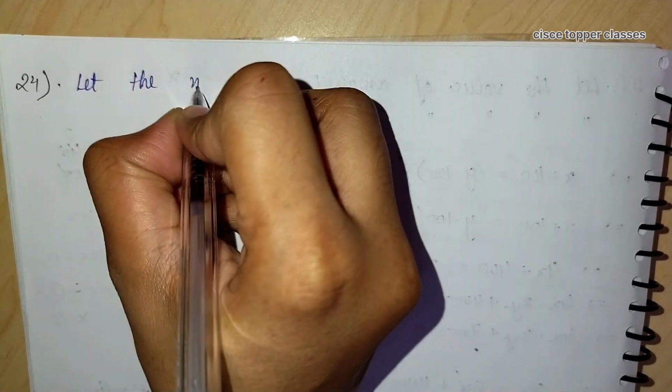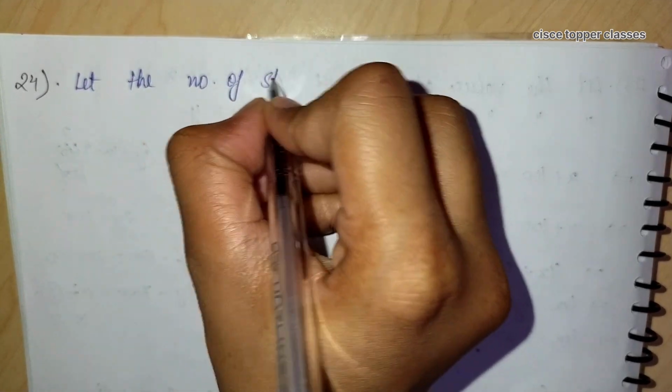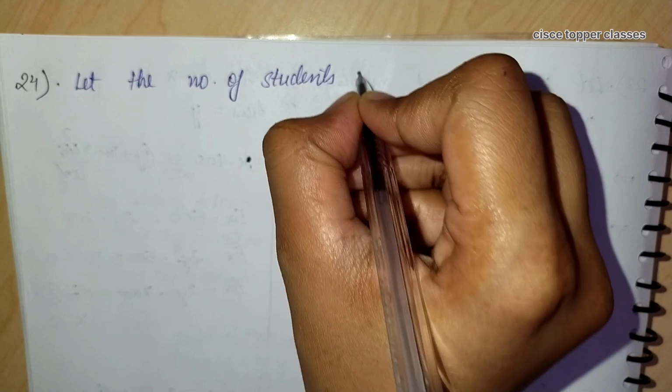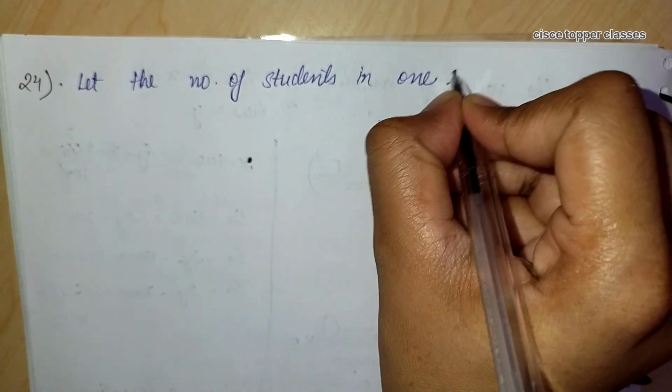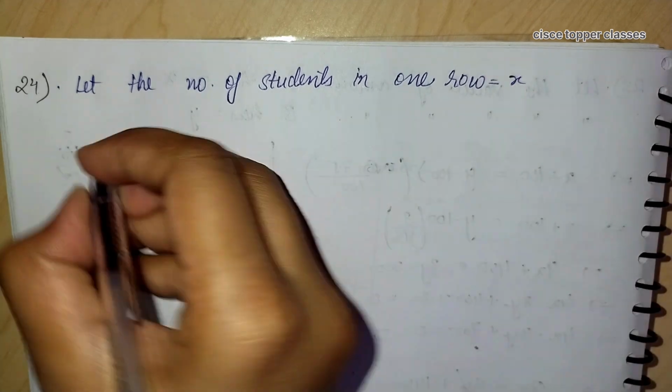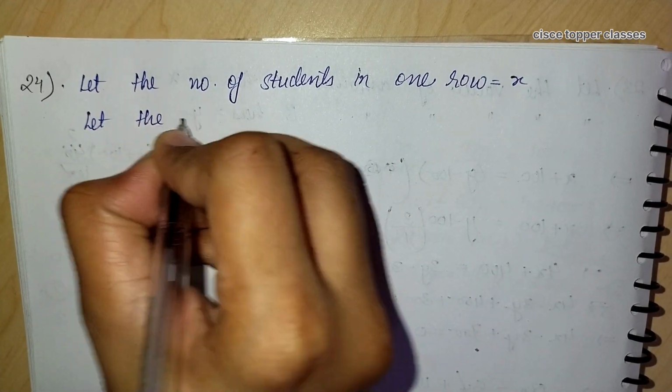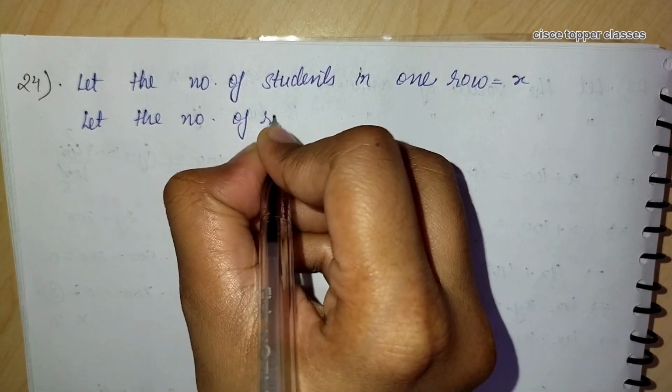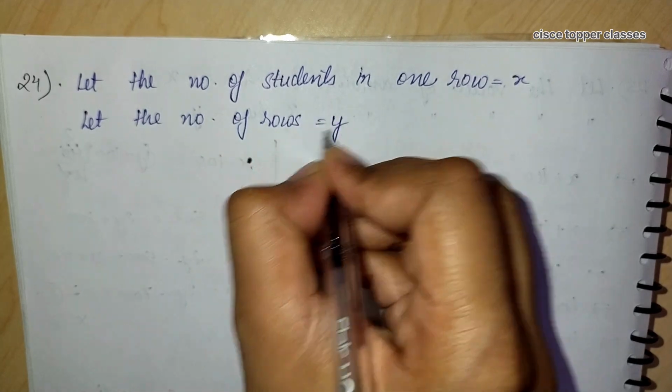Let the number of students in one row be x, and let the number of rows be y.